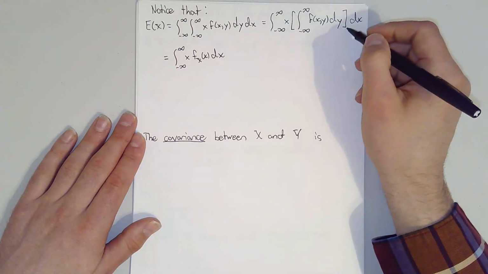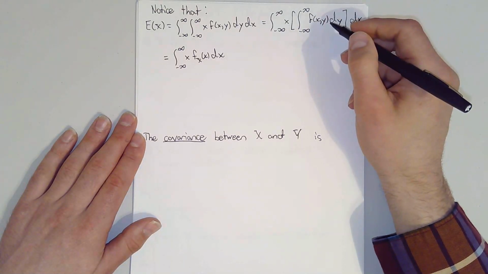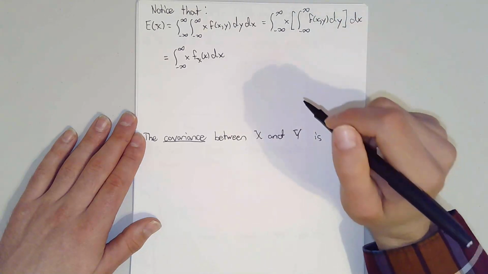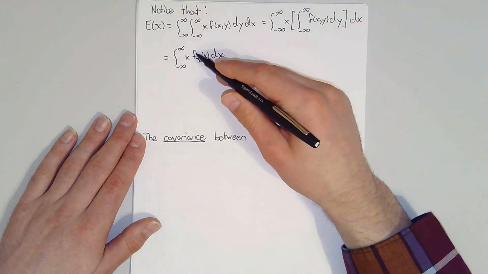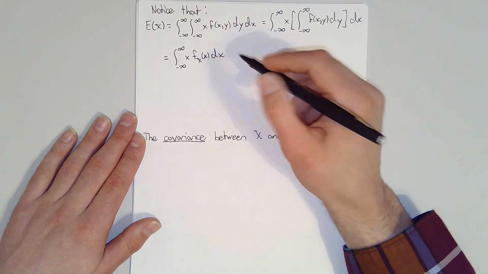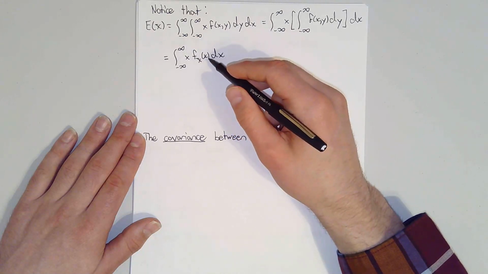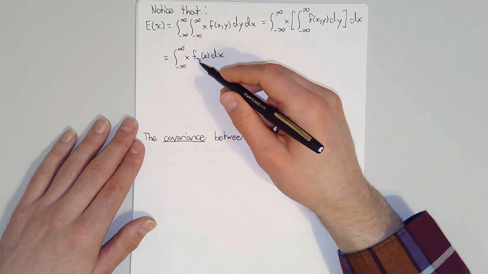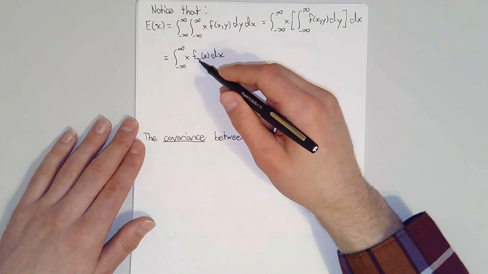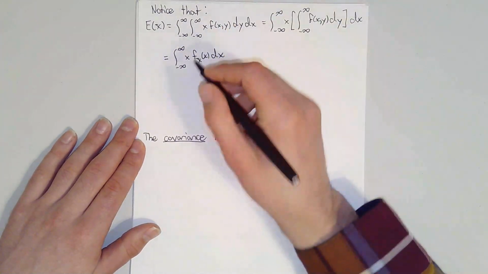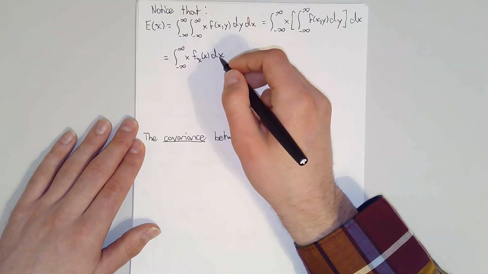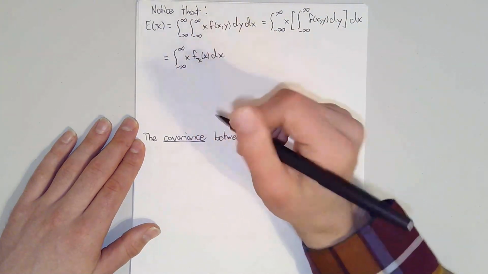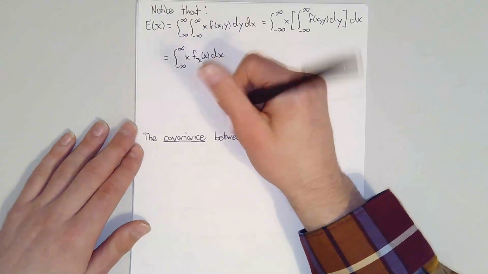So this inside bracketed quantity is an expression of only x, denoted by f sub capital X of little x. That is the marginal PDF of capital X, or in other words, the PDF of the random variable capital X. So by definition, this is our original definition of expectation value of x. So they actually both correlate.